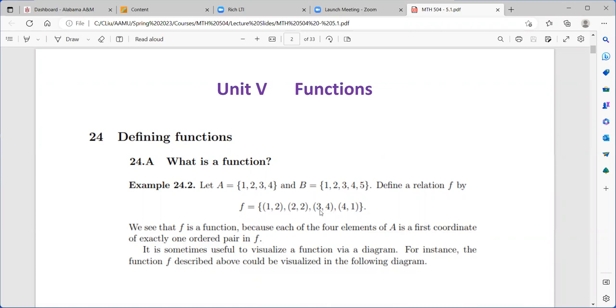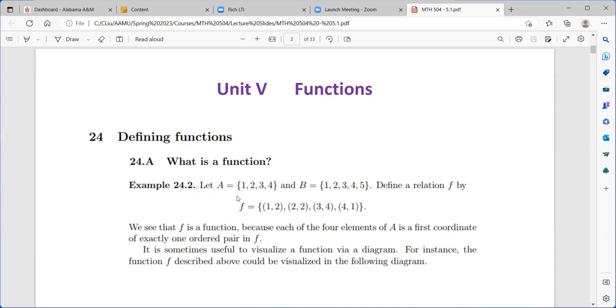But you can see, if you look at the second coordinate of the pairs, it only includes 2, 4, and 1. So the numbers 3 and 5 are not included in the function f. That's why B is called the codomain. And you can see f can be represented in different ways.